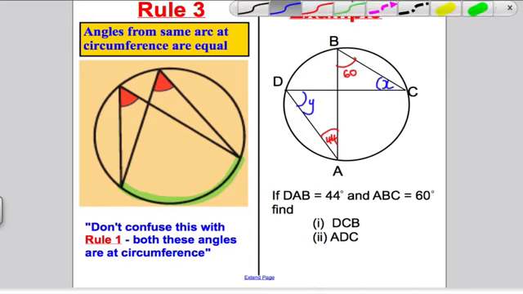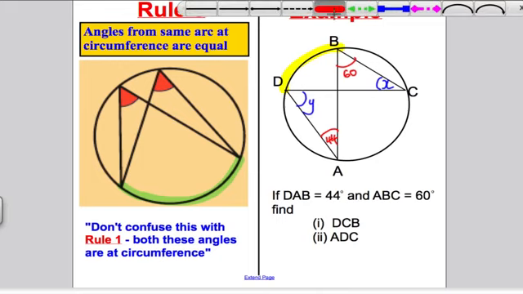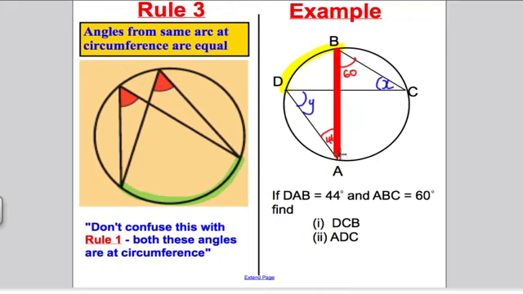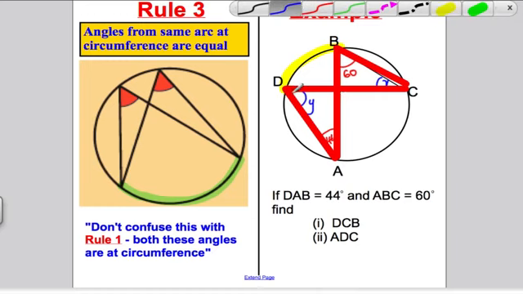Define your arcs. Let's just define our arc and get this one sorted first. DB, there's our arc. And the angle coming out from this is 44, and it must be the same as the X. So X must be 44, and X was DCB, so this is 44 degrees.